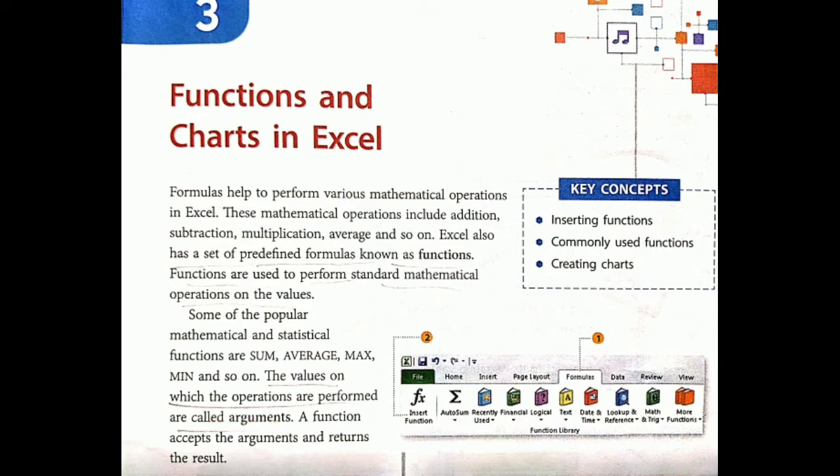So once again, Excel has got a set of predefined formulas which are known as functions, and some of the commonly used functions are sum, average, maximum and minimum. And the values on which the operations are performed are called arguments. So in this chapter we will be going to study about functions in Excel.